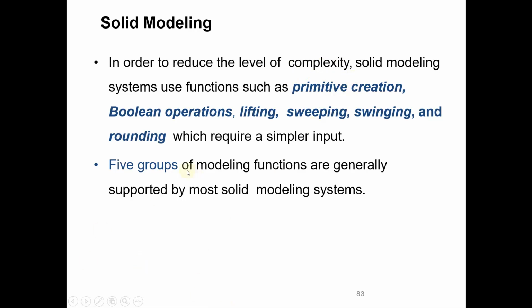Then there are five different groups of modeling functions, which are generally supported by most solid modeling systems. Whenever we use solid modeling software, we will be using a combination of primitive creation, Boolean operations, lifting, sweeping, swinging, and rounding procedures.